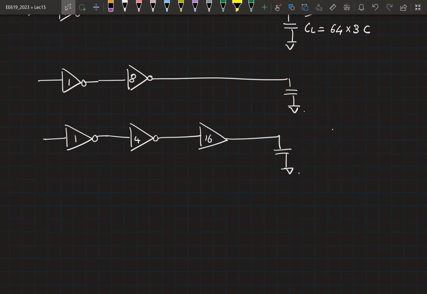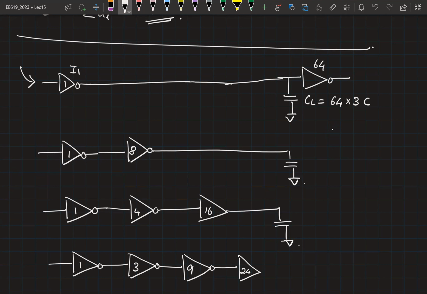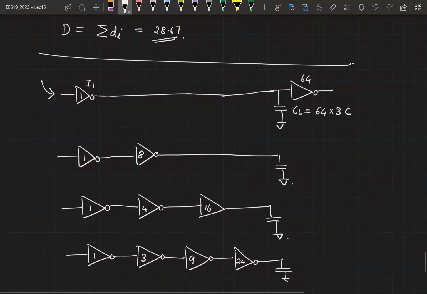And let me give you one more case. So can you calculate the delay for all 4 cases?